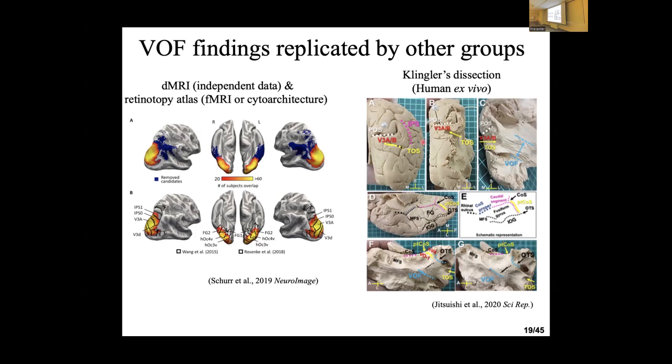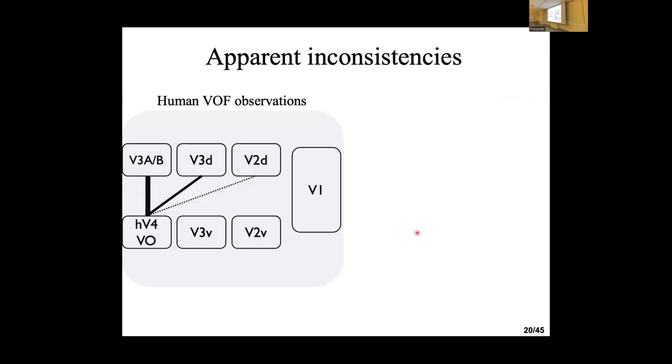Their dissection can start around V3A/B, where they discover the vertical fasciculus. Then on the ventral side, we also know a sulcus named PTCOS, which is known to be a landmark for hV4 as a ventral occipital map. You can visually trace down to near the hV4/VO1 boundary. So this is seemingly consistent with my original observation.